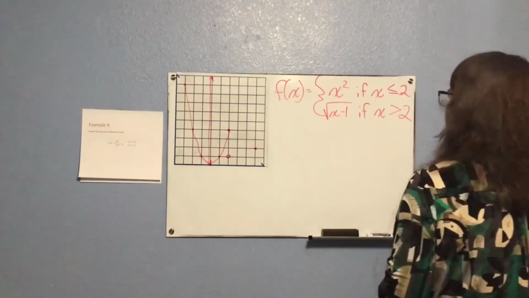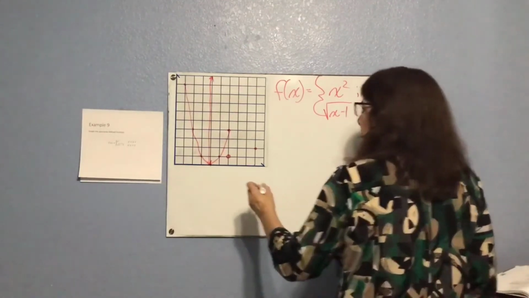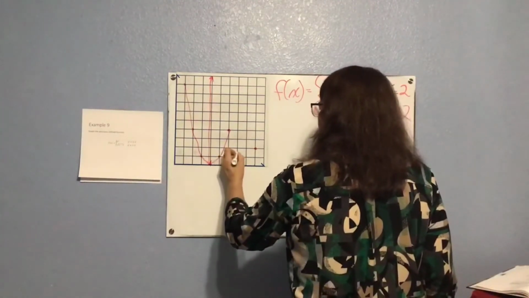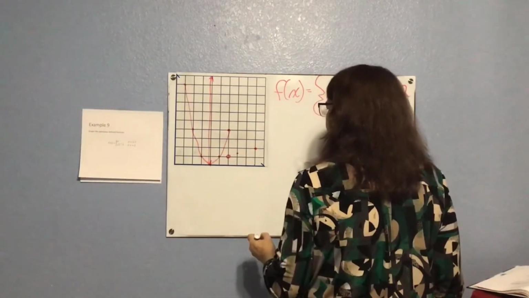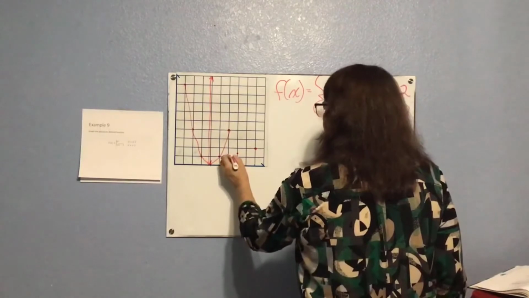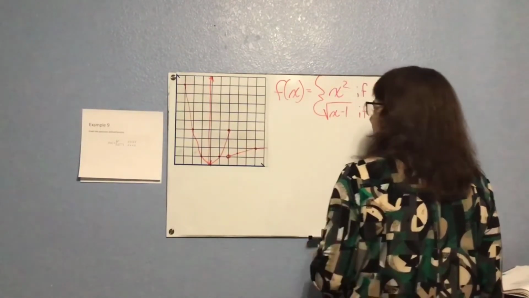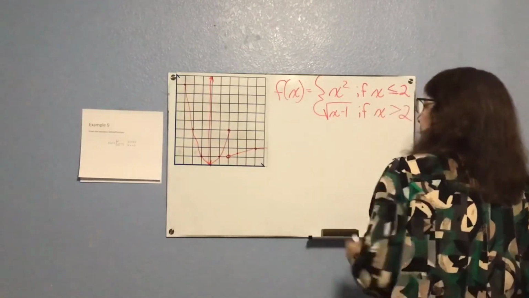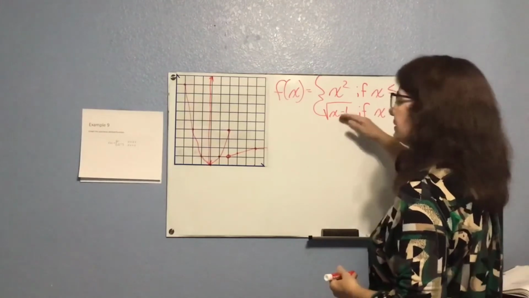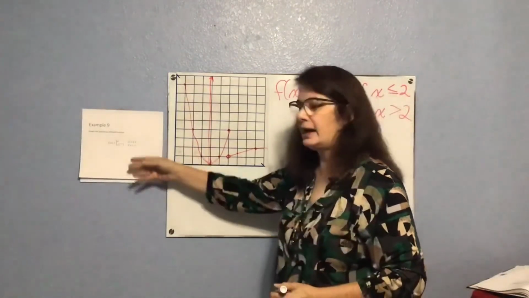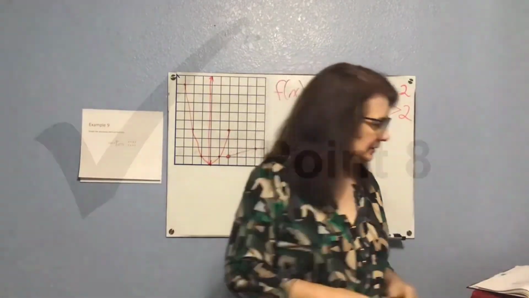There's that. When x was 3, we were at 1.4. So I can put that point in there just to have one more little point to graph with. And there's our square root function from 2 onward. Okay, so here's a piecewise defined function that has some nonlinear pieces.